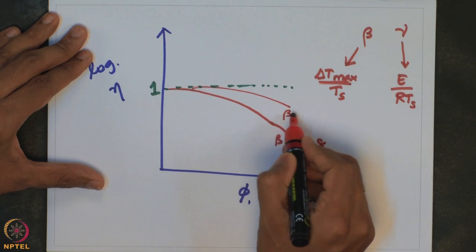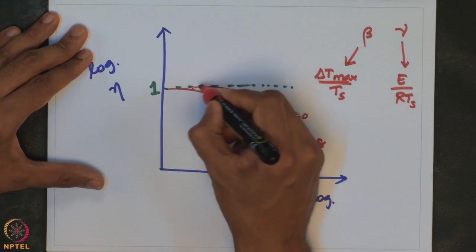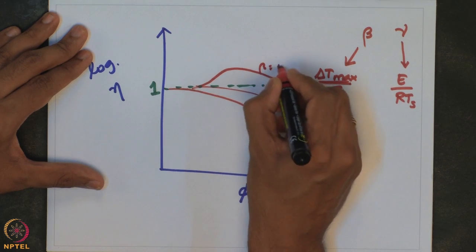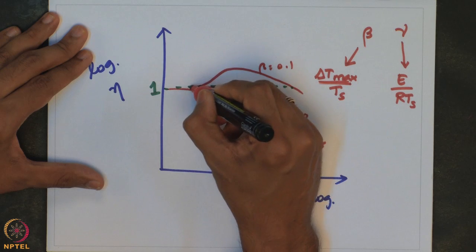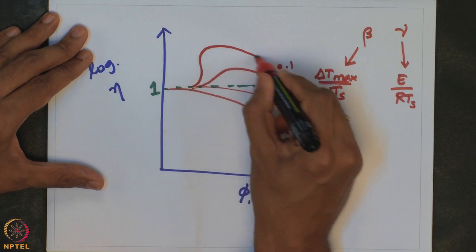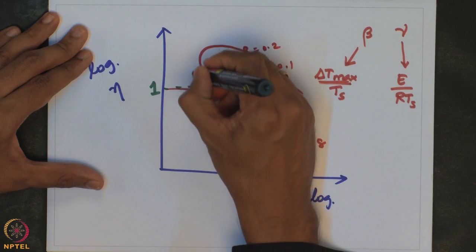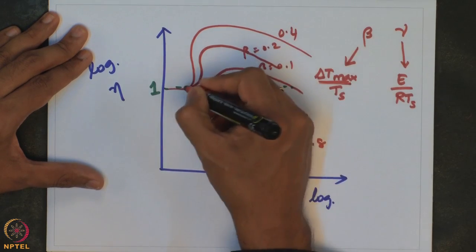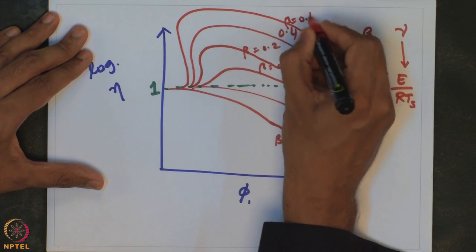So, that will be the graph for beta equal to 0, and for beta equal to 0.1, and then for beta equal to 0.2, and then for beta equal to 0.4, and this will be for beta equal to 0.6.